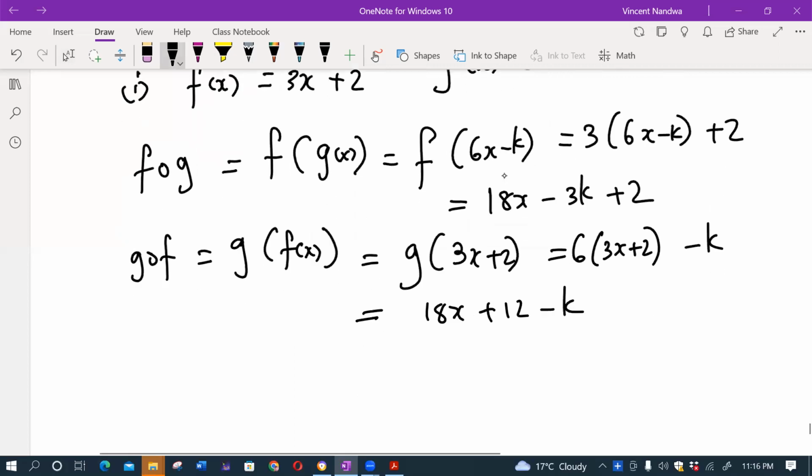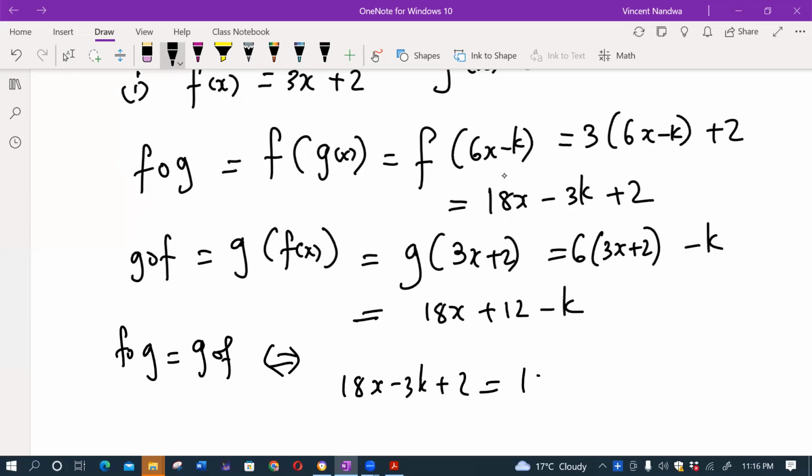And if the claim is that f composed with g is the same as g composed with f, then we have 18x minus 3k plus 2 equals 18x plus 12 minus k.